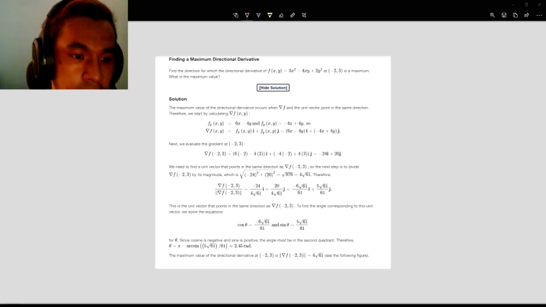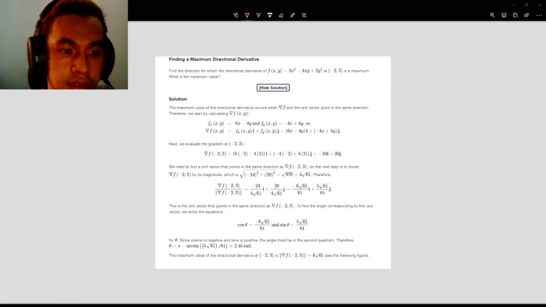We start by calculating it like this, and then we evaluate the gradient at (-2, 3), which is given in the question.